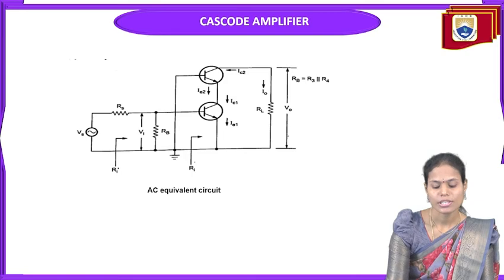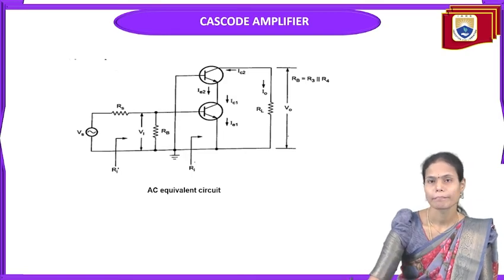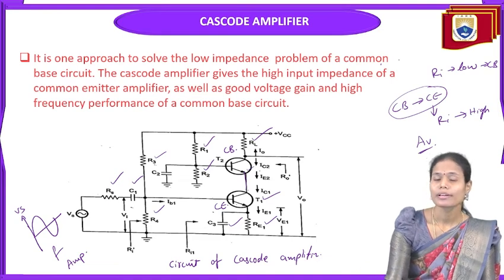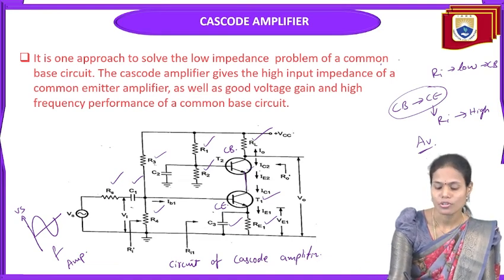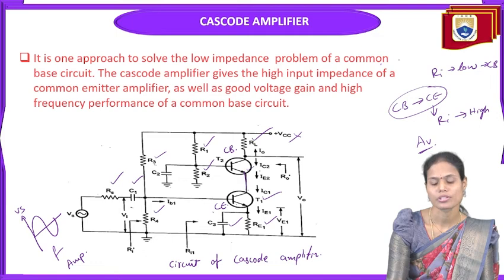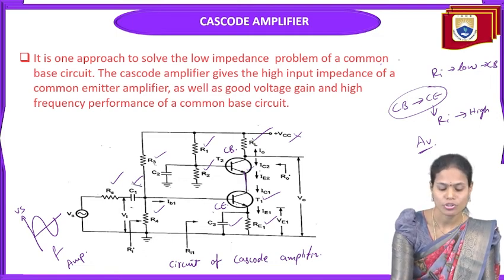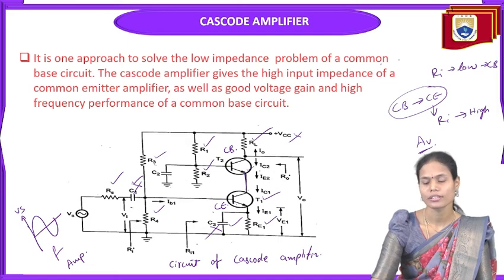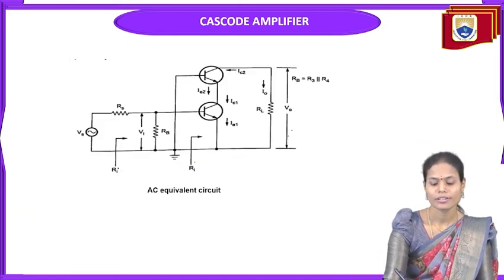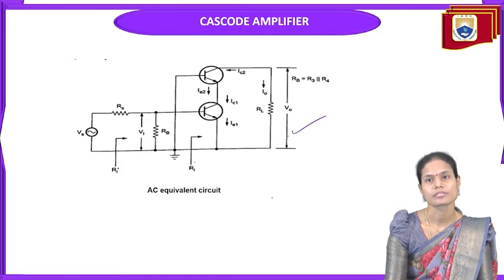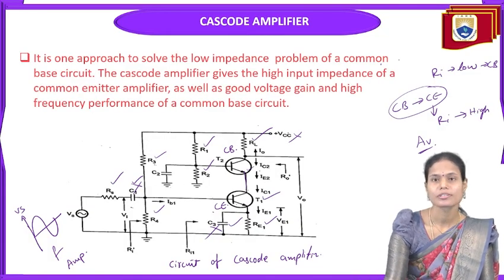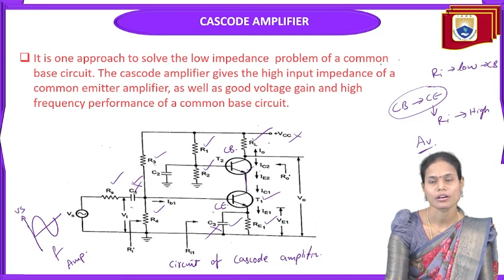So this is the AC equivalent circuit of this Cascode amplifier. To get the AC equivalent circuit, we have to short all DC sources, that is VCC, and we have to short the capacitors C1 and C3 also. After shorting that, we will get the AC equivalent circuit. Here the supply voltage is shorted, which means the interconnected resistor RL is also shorted here.